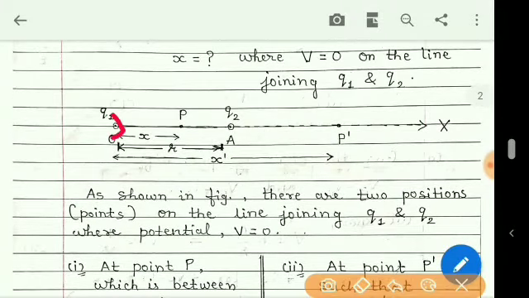From point O, first distance at which the potential is 0 is this, which was 9 centimeter, and from point O, the second distance at which the potential is 0 is 45 centimeter.